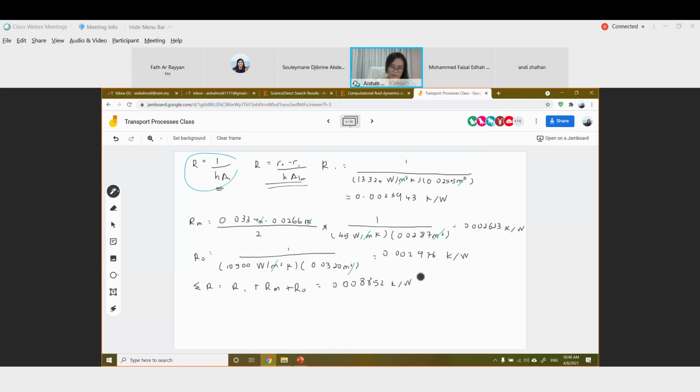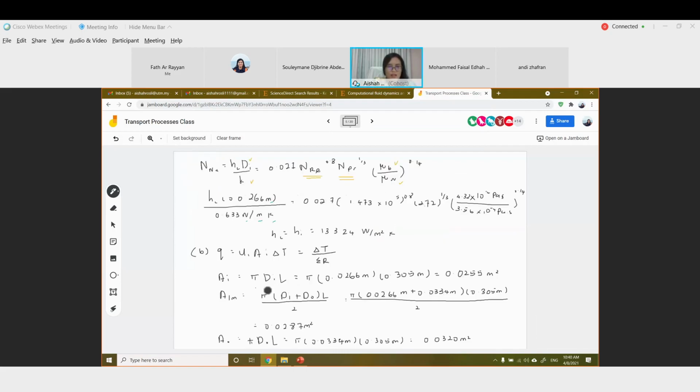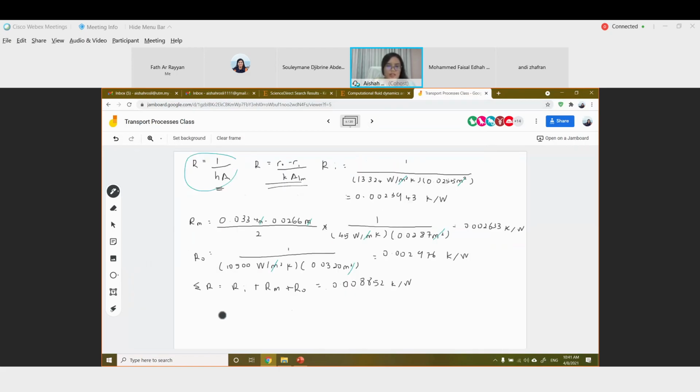If you remember, we also need to calculate the delta T. This delta T will use the T wall minus T in.